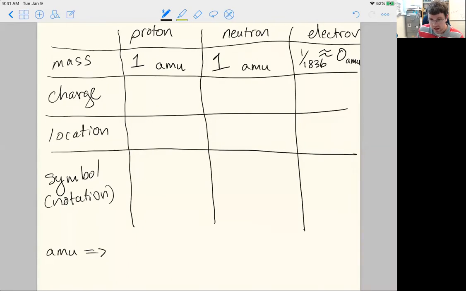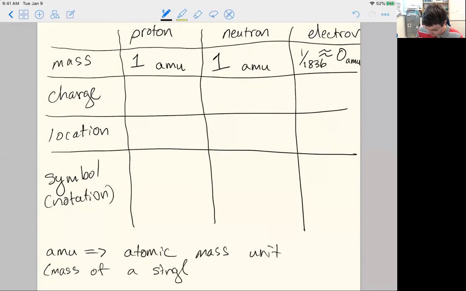That is the atomic mass unit. And it is an SI unit for a subatomic particle. So its true number is the mass of a single proton.